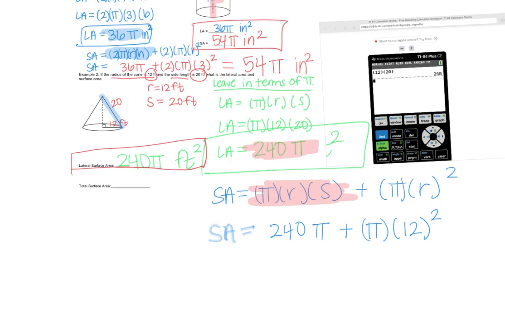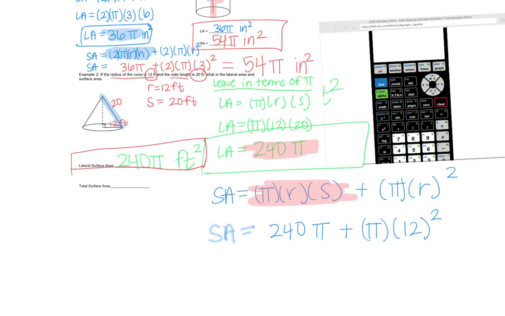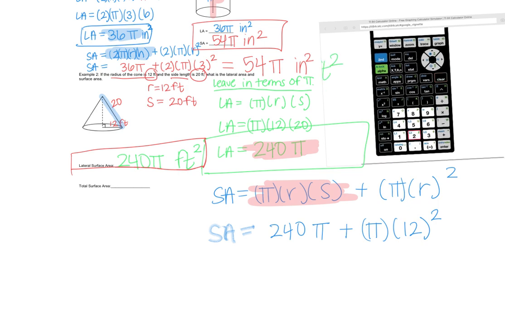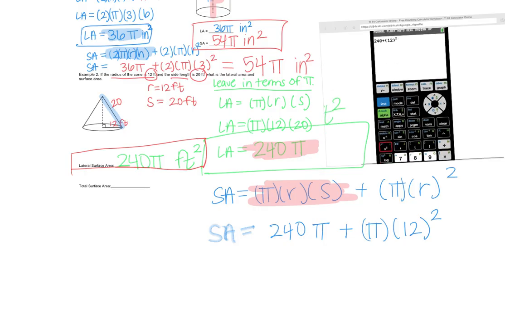Okay, let's put this in our calculator. So I'm going to put 240 plus 12 squared. So look at how it looks. 240 plus 12 squared. Again, don't put the pi's because we're leaving it in terms of pi, right?